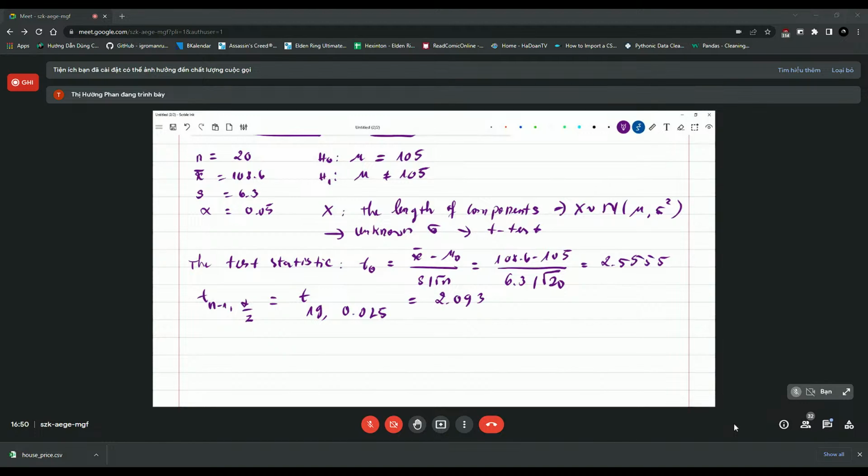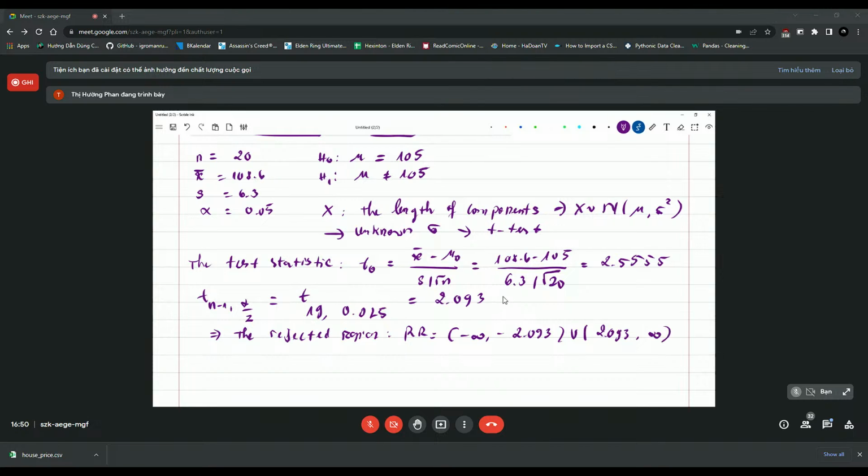Okay. Hence we get the rejection region. The rejection region equals R, that is the interval for two-sided. So the left side is minus infinity to minus the critical value, union with 2.093 to infinity. Okay.